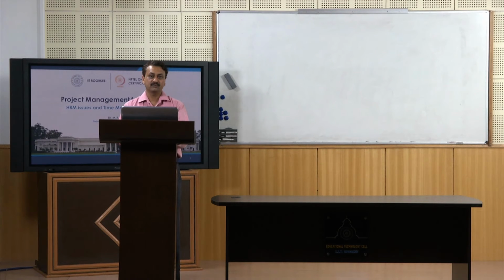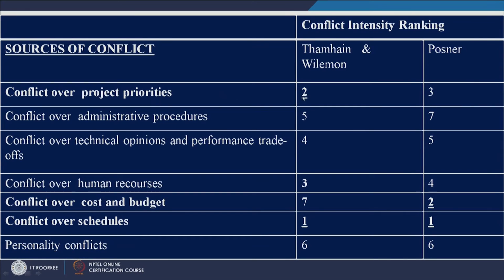Both of them have given first rank to conflict over schedule as the reason for conflict. Then conflict over project priorities is the second most important reason for conflict by these two. But according to Posner, this is the third rank, right? According to this fellow, the second rank is conflict over cost and budget, and of course I think this is quite reasonable also, right.